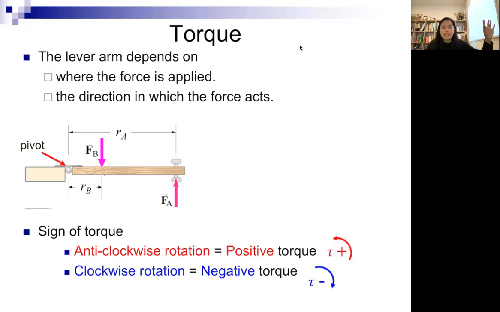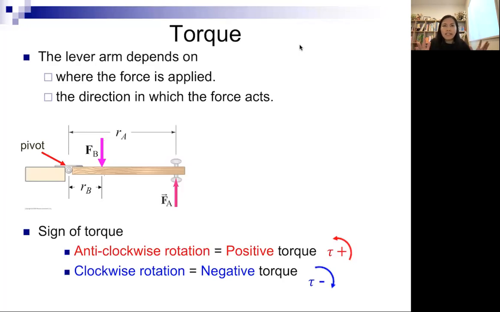So for forces, when we were talking about Newton's laws and net force equals 0, we said that if the force is pointing downwards, that's a negative force. And putting the sign of the force is important when we're getting the net force. The fact that torque can also either be negative or positive gives you an idea that later on we will be looking at net torque.